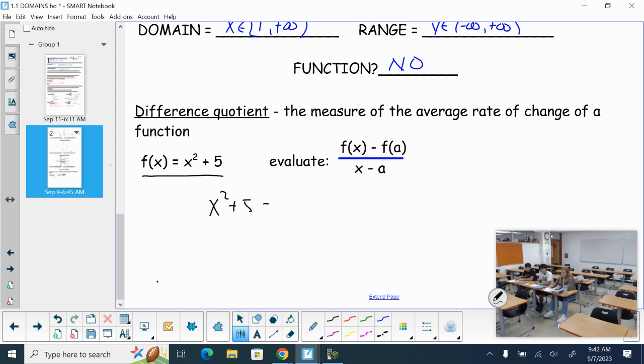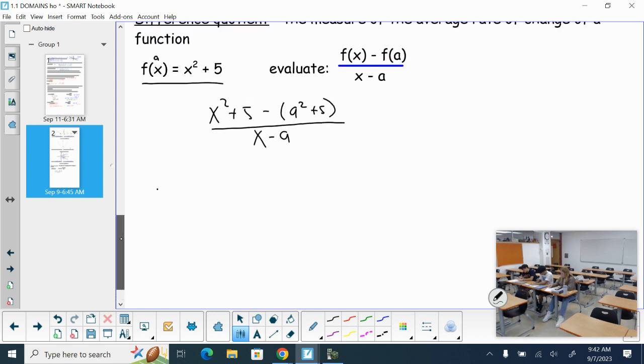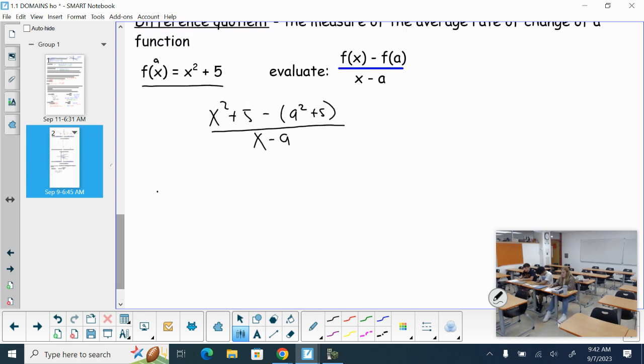Well, if I have f of x equals x squared plus 5, then f of a would be a squared plus 5. All I'm doing is plugging in for a. And this is all divided by x minus a; I don't have to do any subbing on the bottom. Now it becomes an algebraic rational expression for you to simplify.